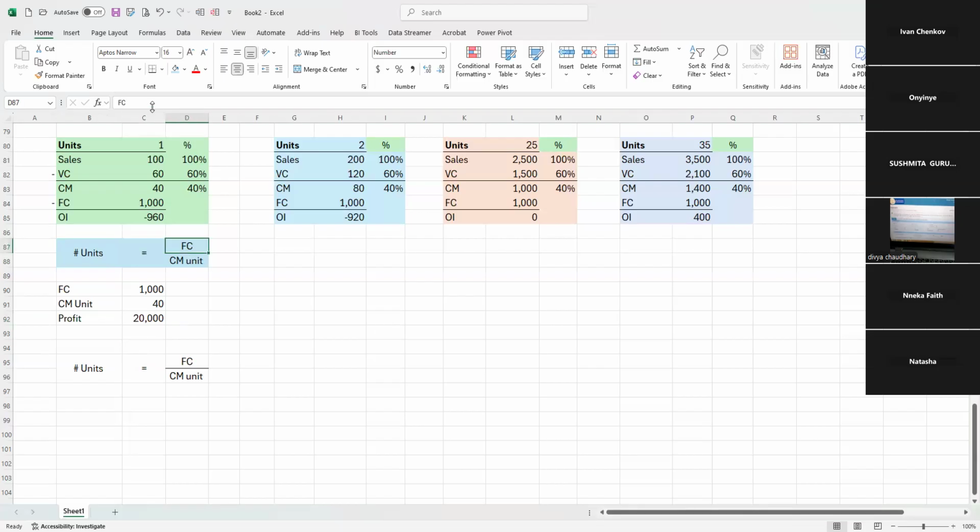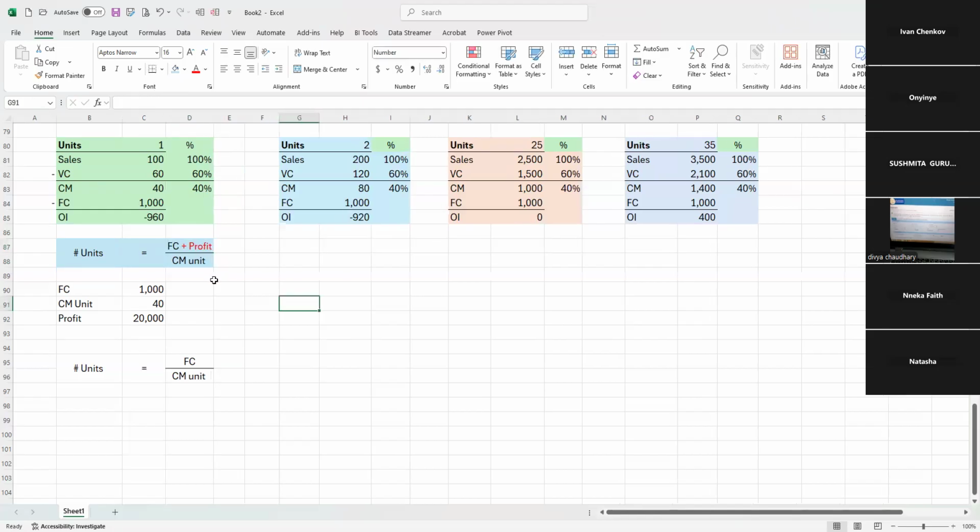Whatever you want, just add it to the fixed cost, and if you add it to the fixed cost, you're going to get it at the end. Make sense? If you want 20,000, just add the 20,000 to the fixed cost.